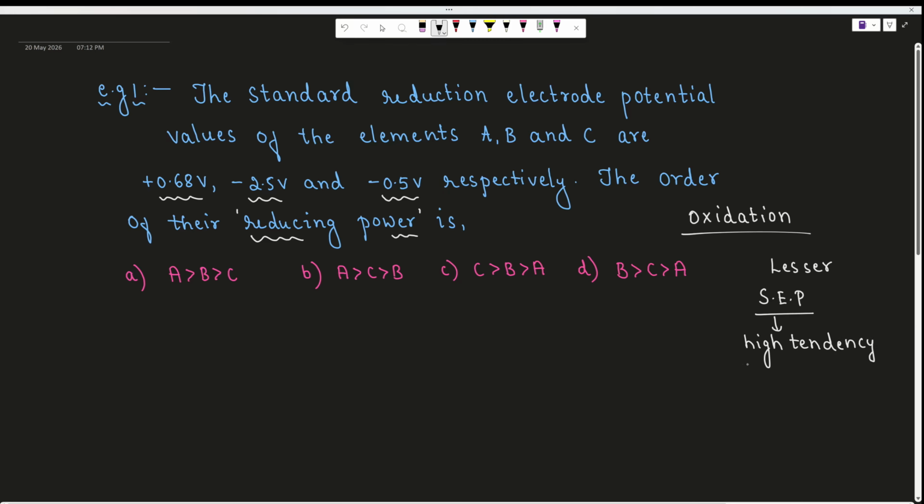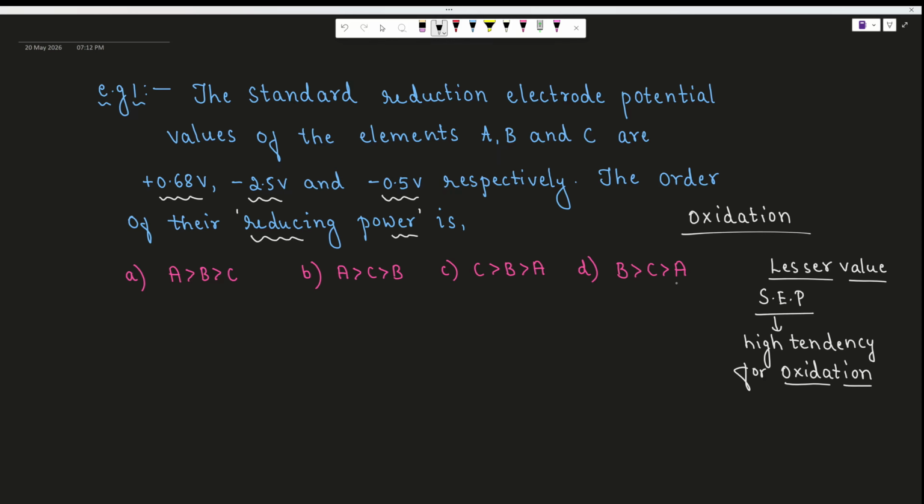And the higher the value, there is a high tendency for reduction. When I say lesser value, you have to take it with the sign. Lesser value means if it is more negative, then it is lesser. If you have two positive values, directly you can take the lesser value.